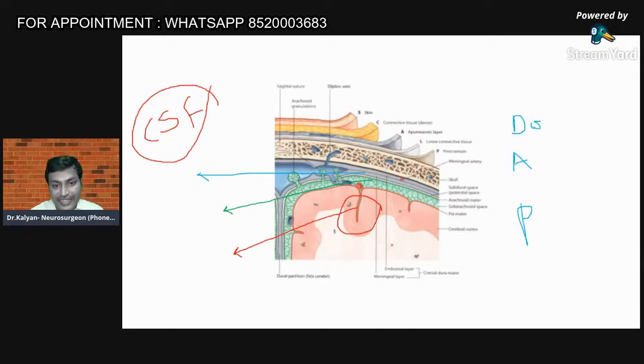I've told you CSF enters into the sulci. So does a subarachnoid bleed enter into sulci? Subarachnoid bleed is SAH. Does an SAH enter into sulci?